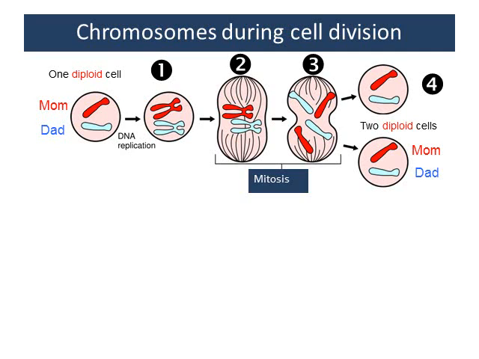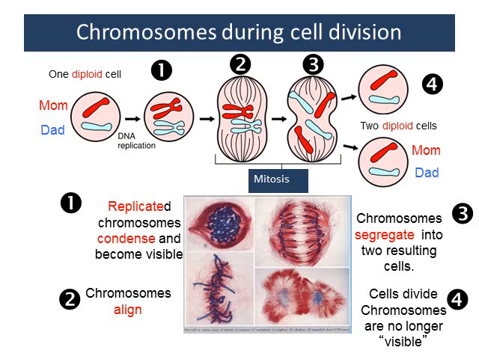So you have 23 from your mom, 23 from your dad. And what they'll do is when they're getting ready to divide, they replicate for a brief period of time. There's an extra set of chromosomes. Then they line up, they get pulled apart, and they make 2 diploid cells. They create 2 identical cells at the end.